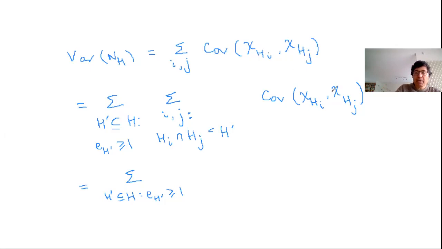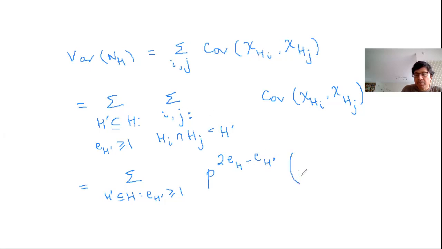Okay, so we are summing over I and j something that doesn't depend on I and j, but only depends on the intersection. So we have here p to the 2EH minus EH prime times the number of terms in the sum. The number of terms, this constant is added up.